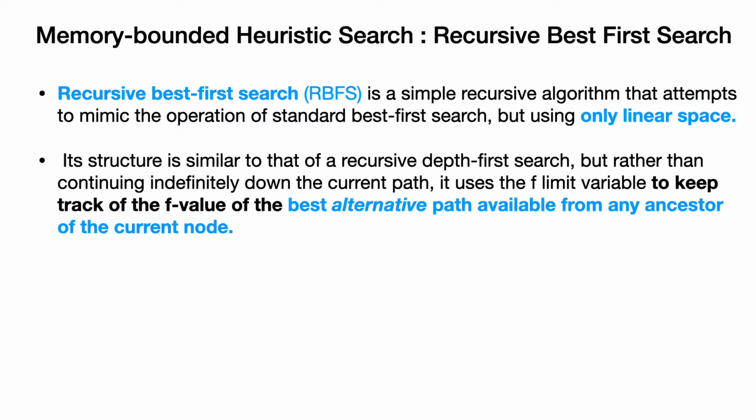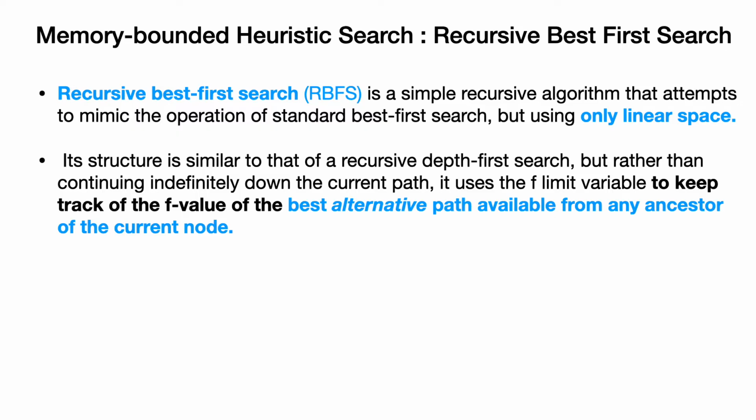Recursive best first search is similar to recursive depth first search, where it goes deeper and deeper, except that we have something called the f limit, which keeps track of the f value of the best alternative path. So apart from the f value of the current node, we also keep track of the best alternative path.